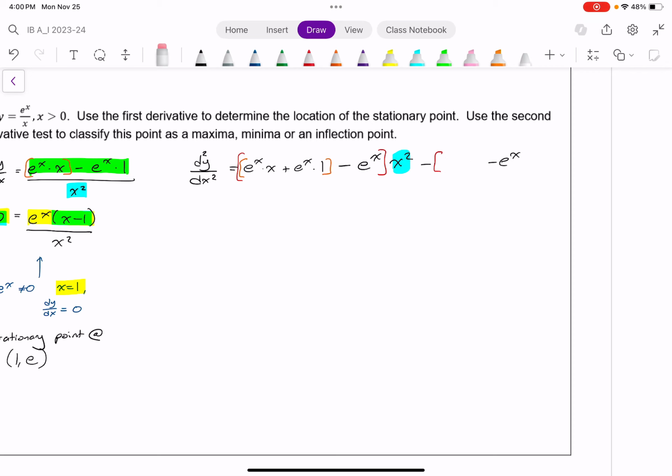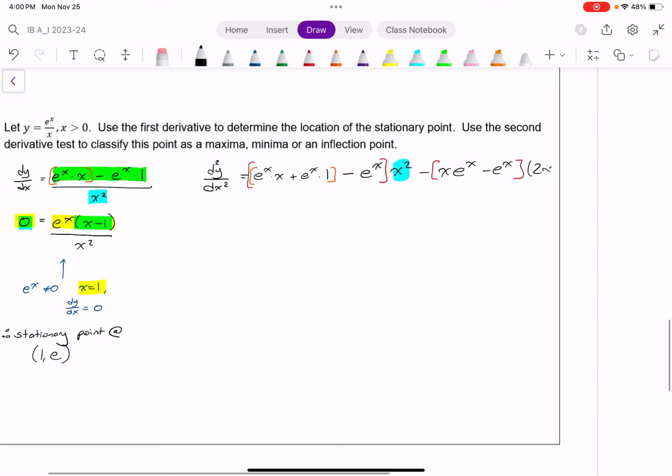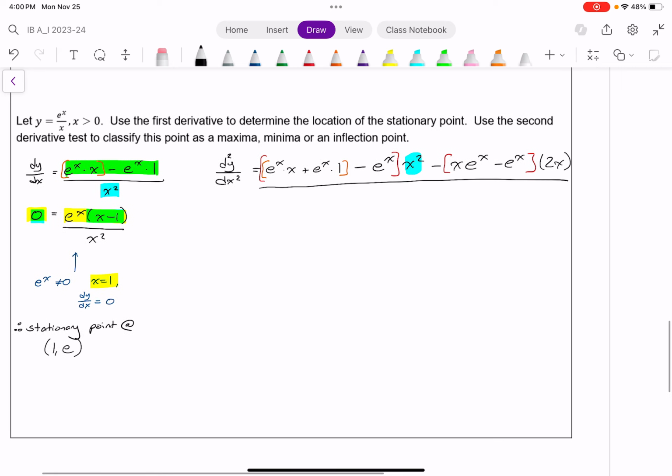Actually, I'm just going to write this the other way around, as x times e to the power of x. So again, using the quotient rule, I've differentiated the numerator times the denominator left alone, minus the other way around. Leave the numerator alone and multiply that by the derivative of the denominator, which is 2x. And all of this is divided by x squared squared, so x to the power of 4.